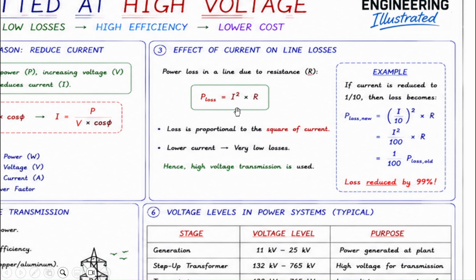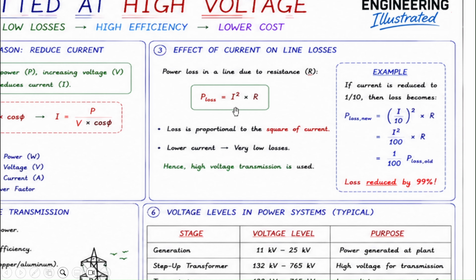They are large metal conductors that travel very large distances between cities, from the power plants to the end user. And over these large distances, there will be losses. So it's not 100% efficient when the electrical power is transmitted.